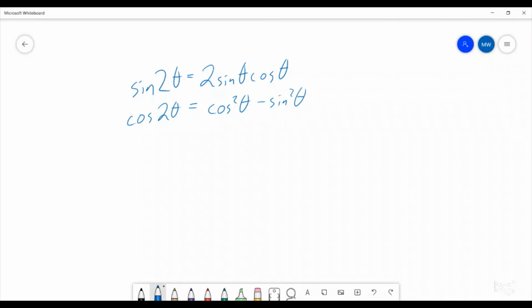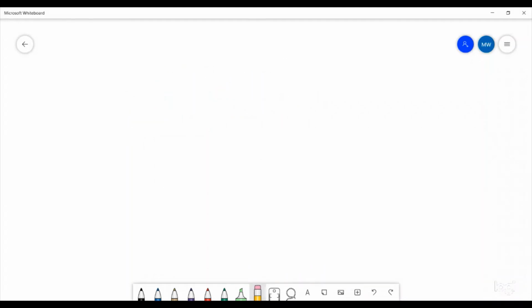The ones that I listed on the previous part, those are definitely the most important ones to remember. So now that we've covered all of those, let's look at a derivative.